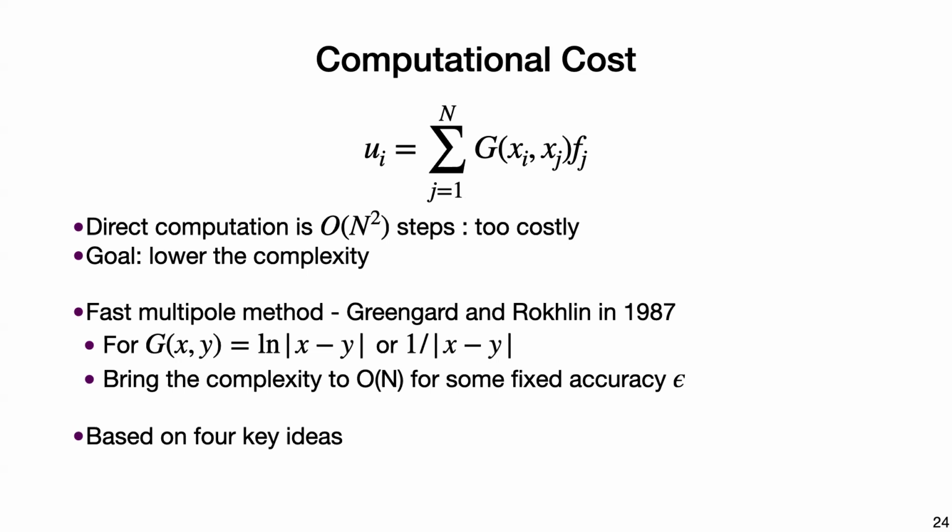So we bring the complexity to order n for some accuracy parameter, here called epsilon. For some fixed epsilon, it brings the complexity to order n, but the amount of data that you have to store in each node depends on epsilon. I think it's like log of 1 over epsilon or something like that, so it's not a very strong dependence.